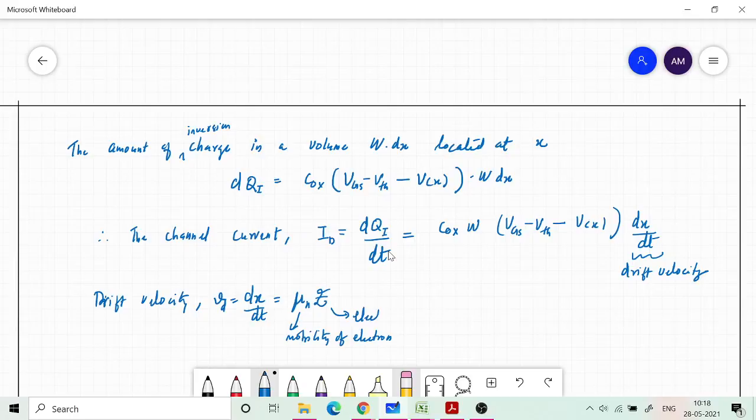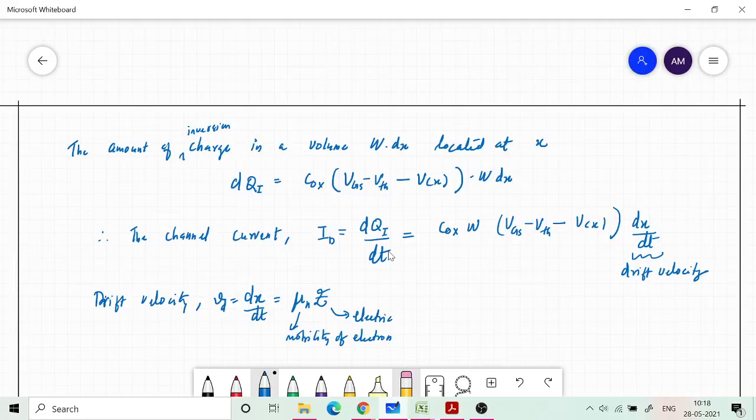That means as you increase the electric field, that is how any conductor current flows. When you apply an electric field, the electrons get accelerated and move with a speed, and the proportionality constant is what we refer to as mobility.